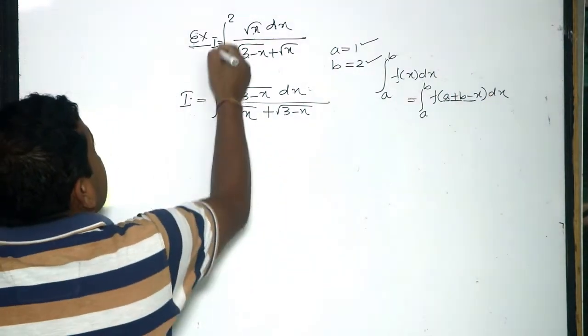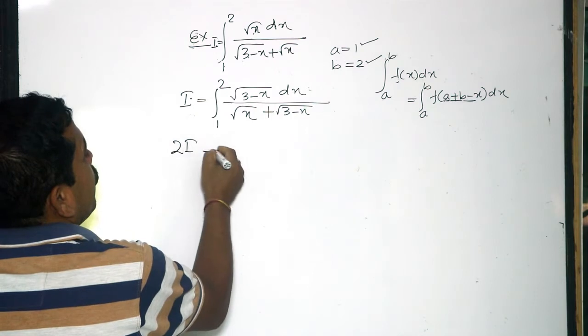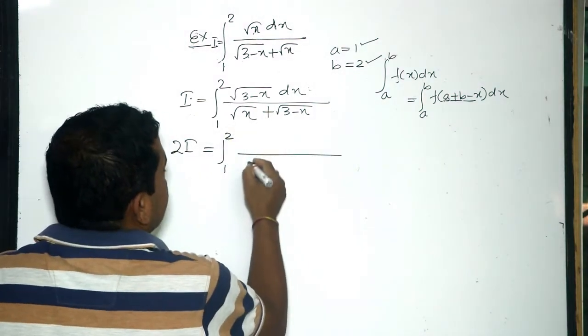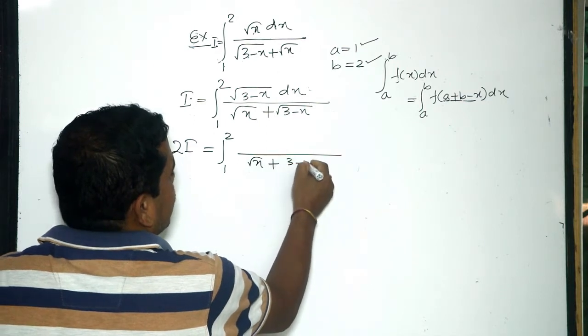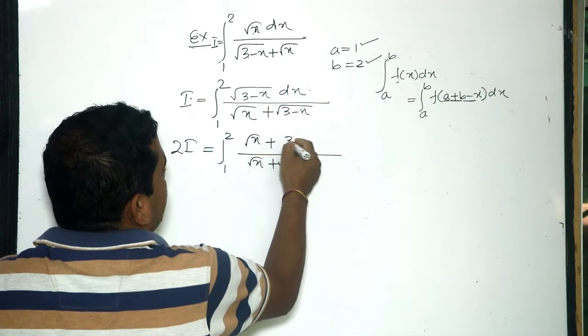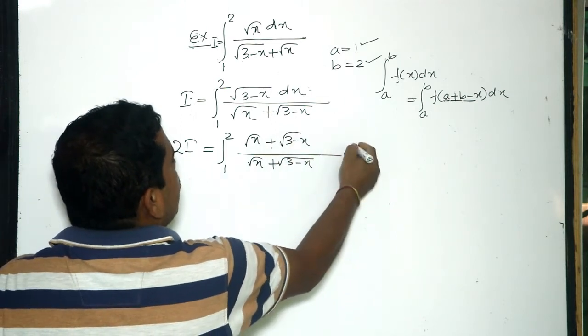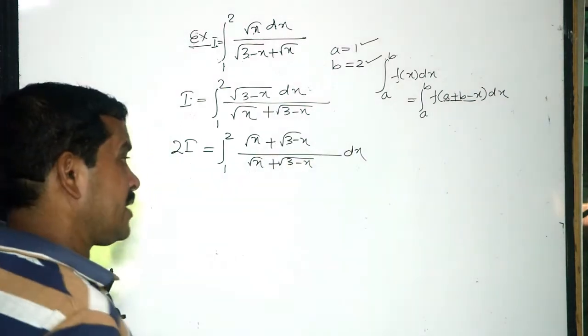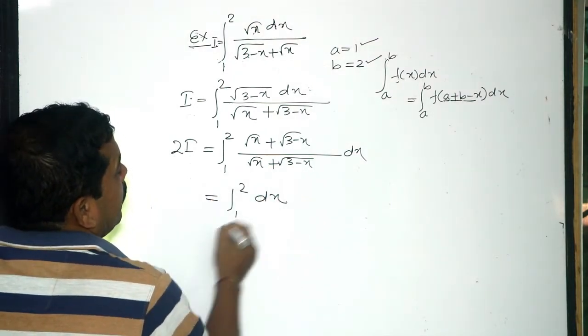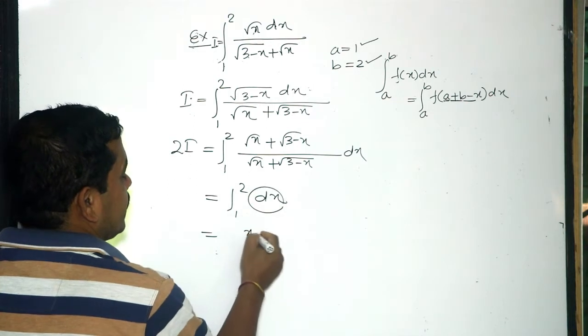Now adding these two, 2I becomes 1 to 2, the denominator is root x plus root of (3 minus x), and the numerator is root x plus root of (3 minus x). Now it will be cancelled, only 1 to 2 dx, the integration of dx is x.